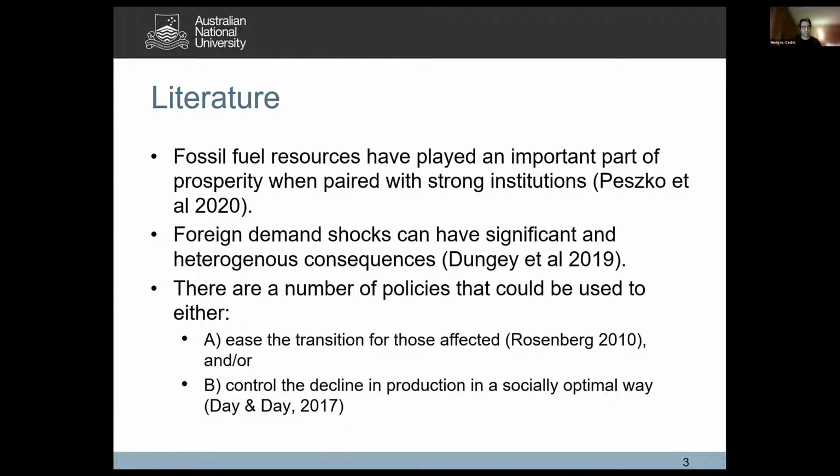One of the papers I have referenced here, Dungey et al., was econometric and retrospective, and looked at how Australia responded to different parts of the mining boom in terms of crowding out, Dutch disease and things like that. They found that foreign demand shocks, in that case positive and negative, can have quite significant but heterogeneous consequences for Australia, depending on the context in which they came.